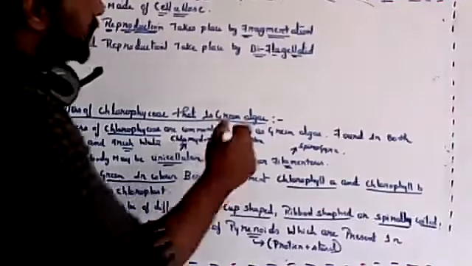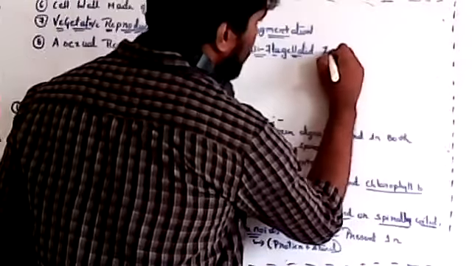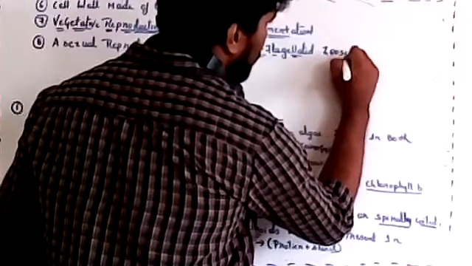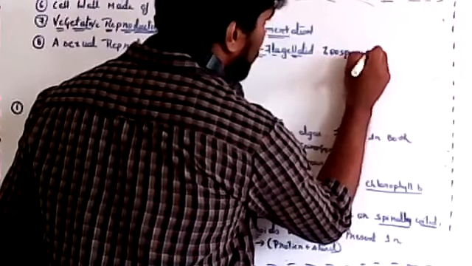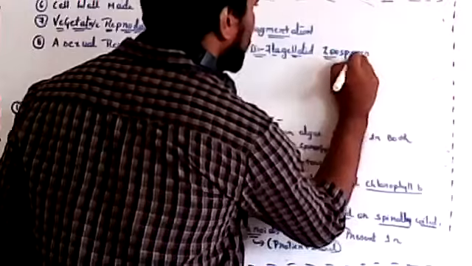So asexual reproduction takes place by biflagellated zoospores. The spores in algae are called zoospores.